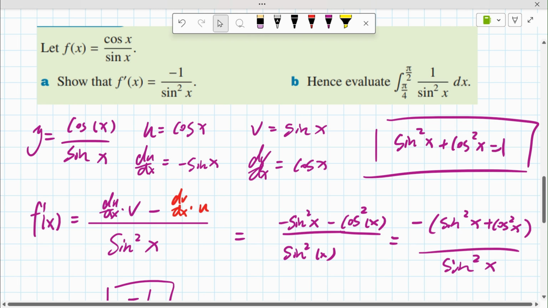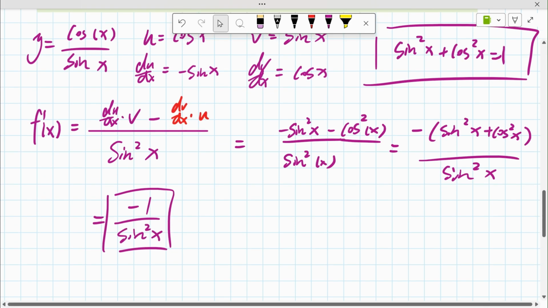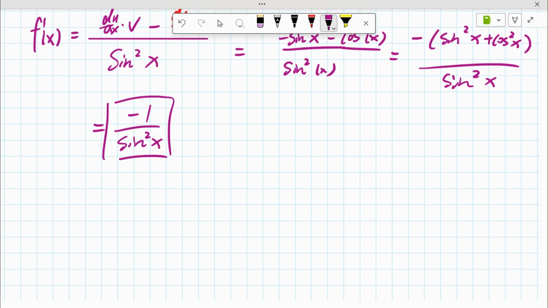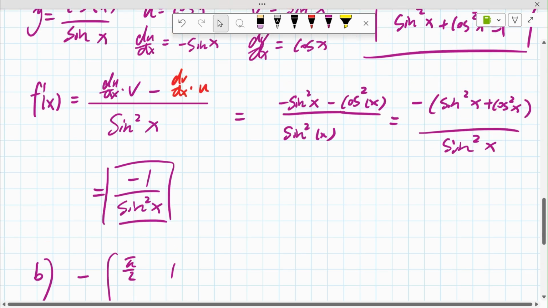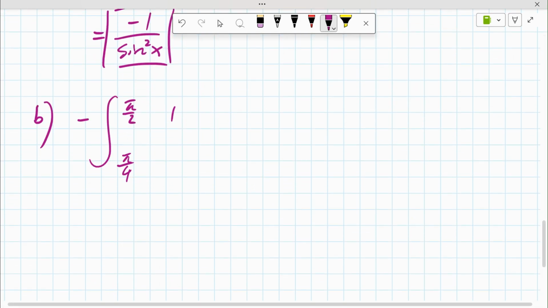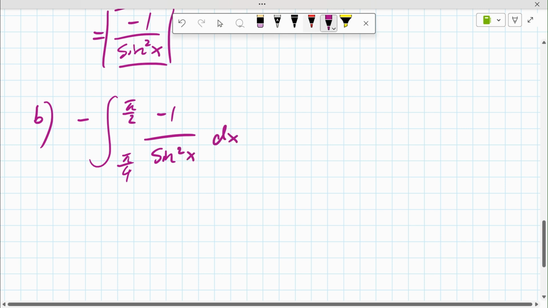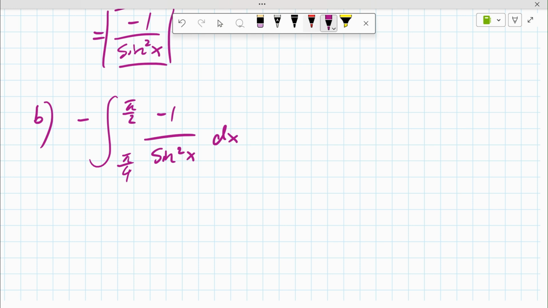Now we do question B. We're going to figure out the integral from pi over 4 to pi over 2 of 1 over sine squared x. Okay, so question B. Sorry, it's 1 over, right? So 1 over sine squared x. Why are we using the negative sign rather than negative 1 rather than 1?